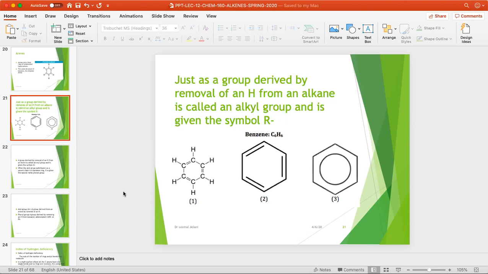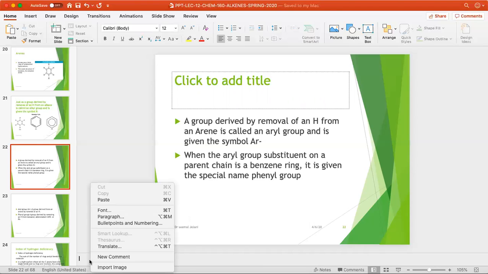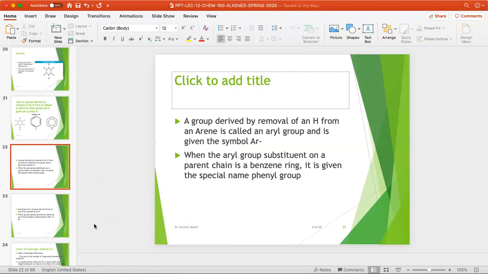So next we move to slide number 22. This slide is telling you about something which is very similar to alkyl groups. You know that, for example, this is CH4.